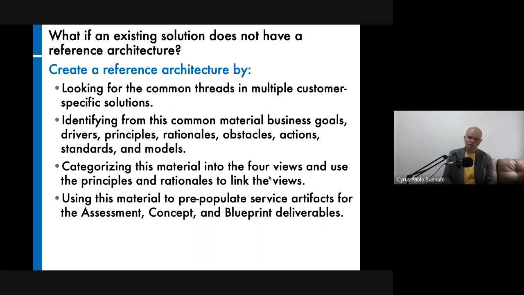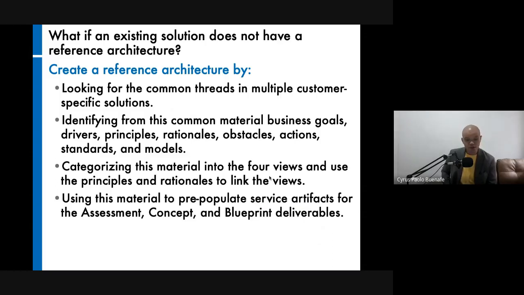So it's as if you are trying to create a solution architecture for a hypothetical average company for that industry, or for that domain or practice. And once you have your average template, so to speak, you can use the material to pre-populate your service artifacts for your concept and for your blueprints.